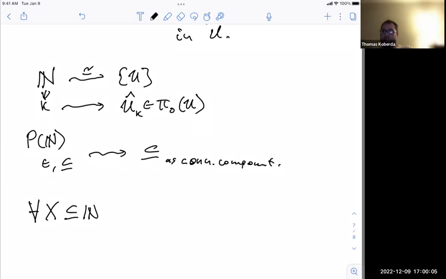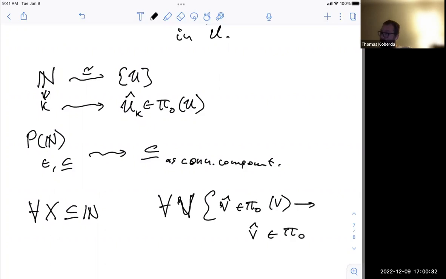I'm just going to drop the equivalence class. Everything is up to some sort of equivalence relation, which is definable. Then I'm simply saying, for all V such that V hat in pi 0 of V implies V hat is in pi 0 of U. So these are then exactly the same.